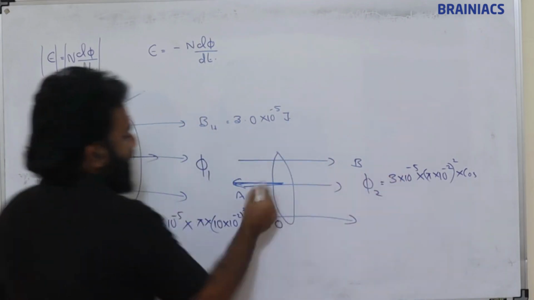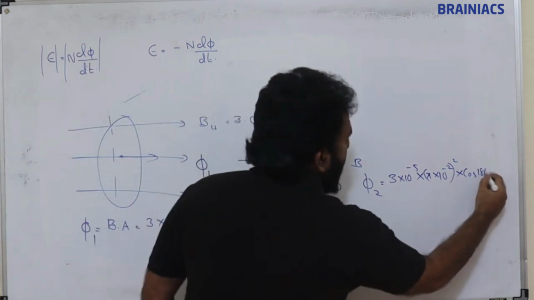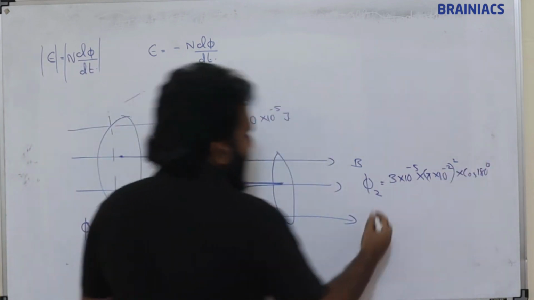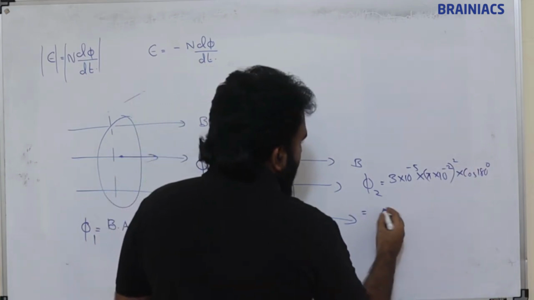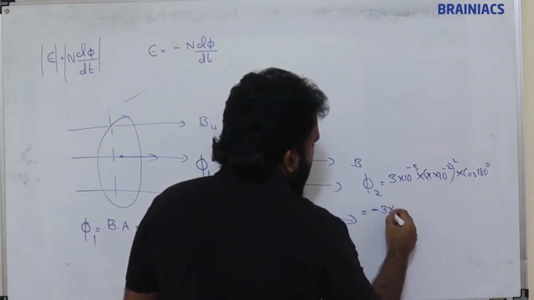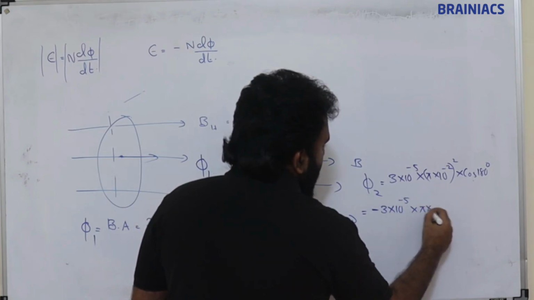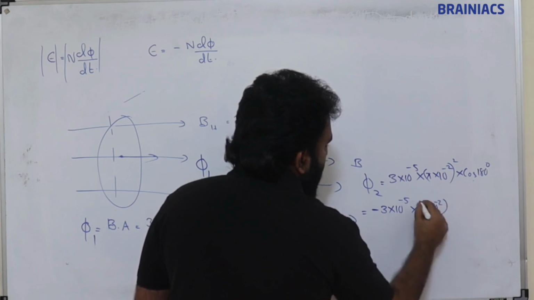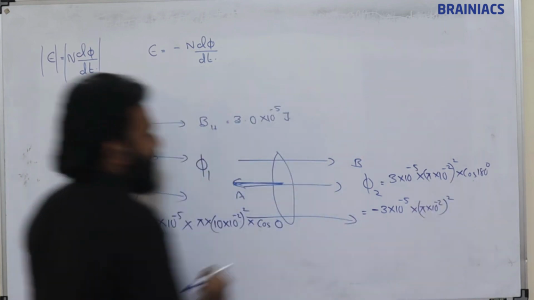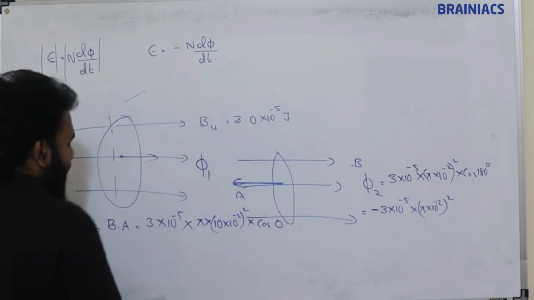Magnetic field direction is this, area direction is this. So a negative will come here: 3 into 10 raised to minus 5 into pi into 10 raised to minus 2 the whole square. So this is phi1 and this is phi2.